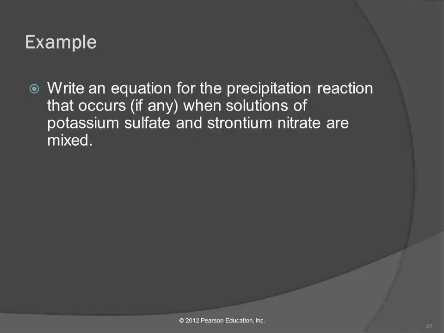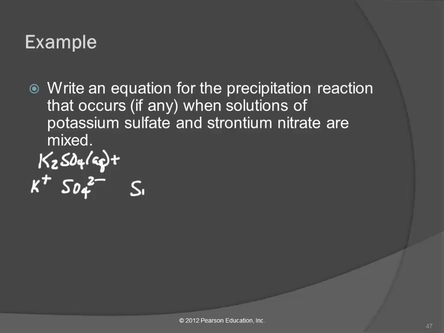Okay, well, potassium is K+, and sulfate is SO4 2-. So when those get together, we get K2SO4, and that must be aqueous because it's a solution. And then we have strontium.